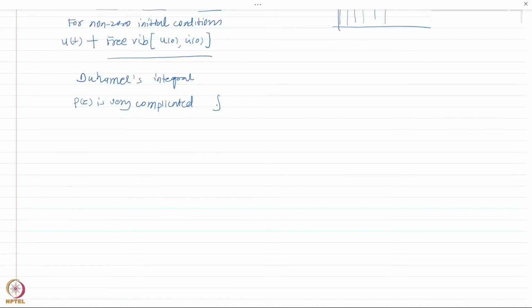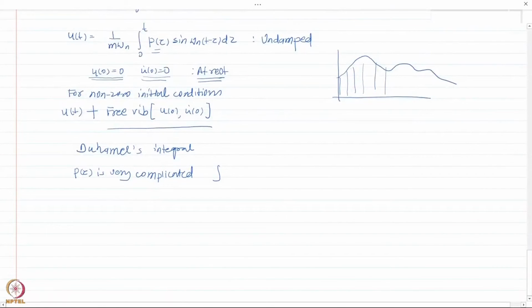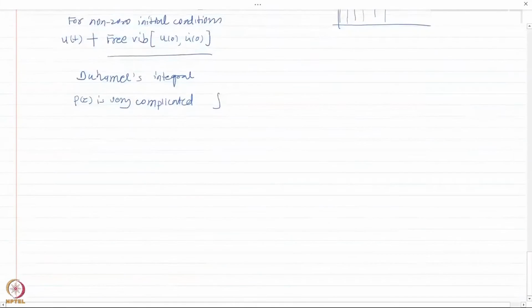But instead of doing that, there are better methods to calculate the numerical response instead of just integrating the Duhamel integral. So this was just to give you an idea of how to get the response if there's any arbitrary non-periodic or non-harmonic loading function p of t.